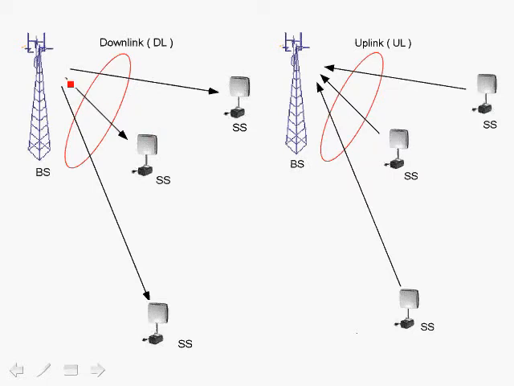Going back to the downlink, it is a little bit easier in the sense that all subscribers are listening to the downlink from the base station, and the base station can broadcast a packet of information to all the subscribers.